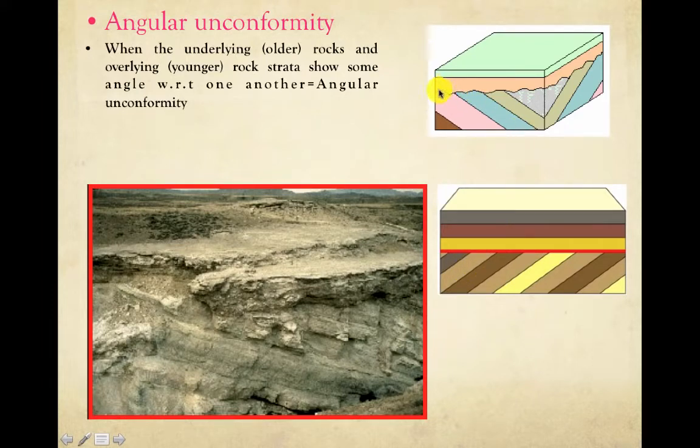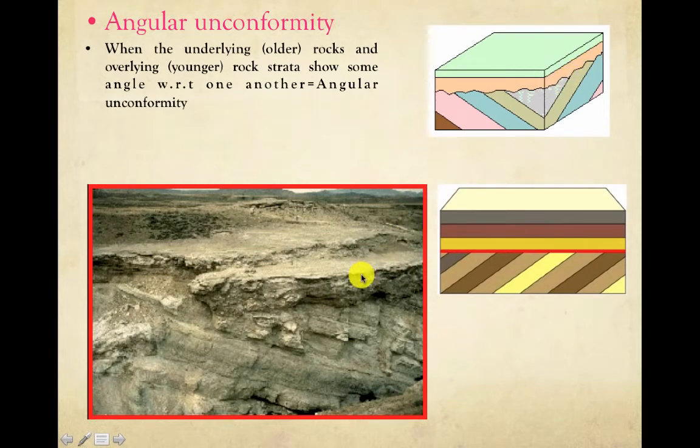This wiggly line right here is going to be our angular unconformity. The rocks below have been tilted or folded and no longer are originally horizontal. They no longer follow that principle. And then there's an erosional surface, so there was some weathering right here, and then new flat rocks are deposited on top of that.